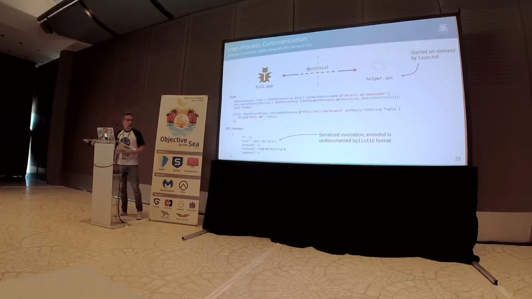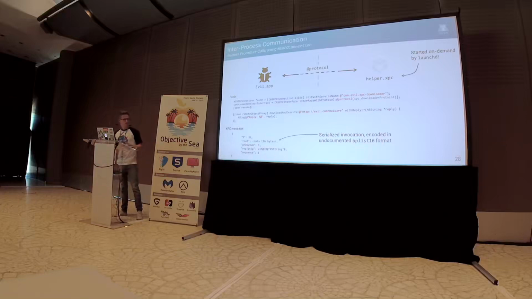This is what the XPC message looks like. So this is just one of the messages. There are multiple for setting up the connection, but this is the one that actually does the invocation. So there's this mysterious F argument, there's a data argument, root, proxy number, the signature which the application expects to reply back, and the sequence number.